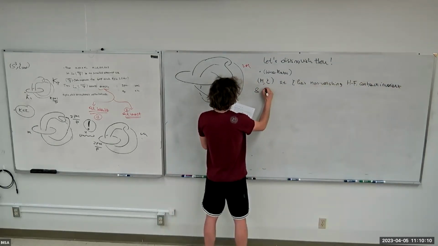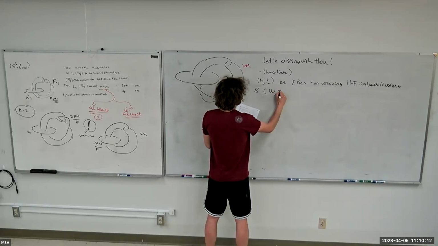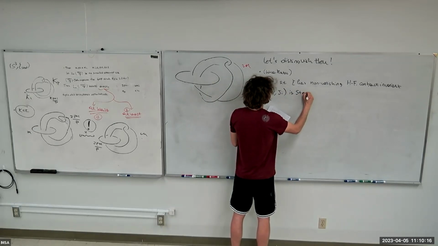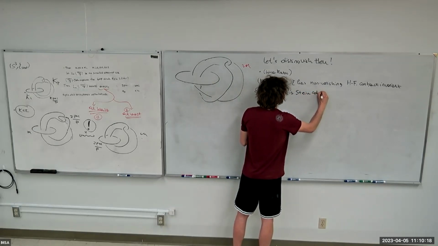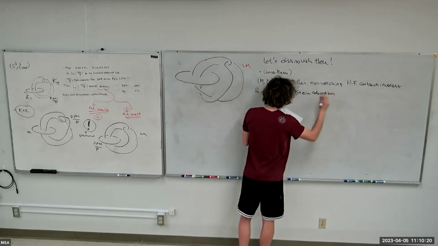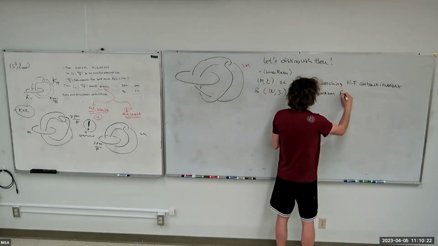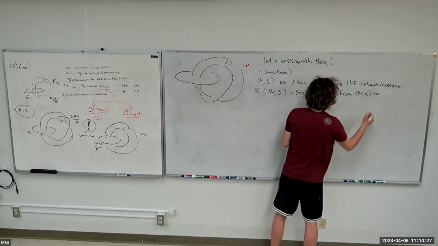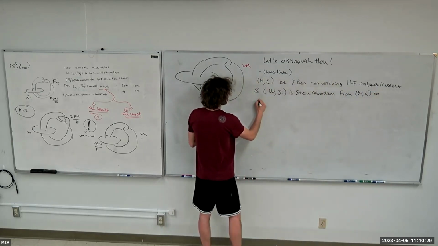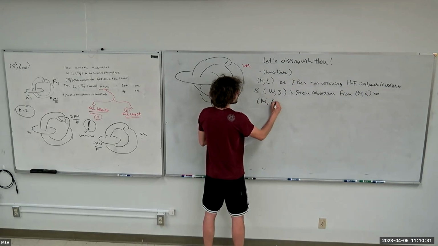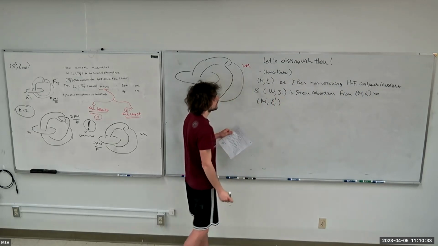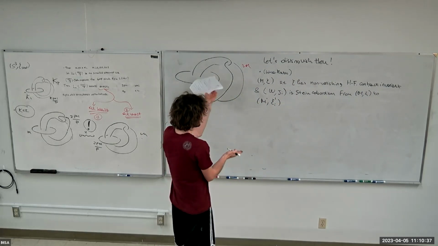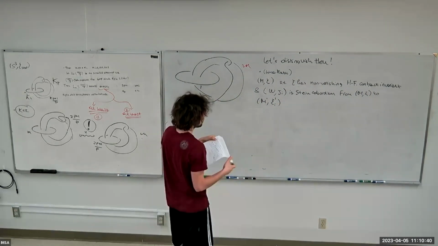And I have omega J_i, which is a Stein cobordism from M, psi to M prime with psi_i prime. So I have two Stein cobordisms from M, psi to M prime with two different tight contact structures.